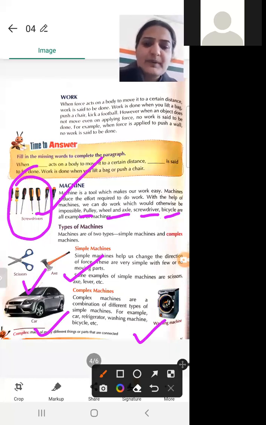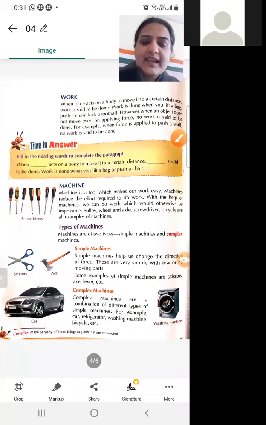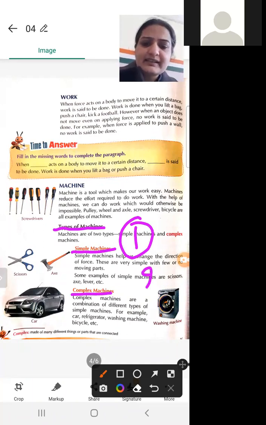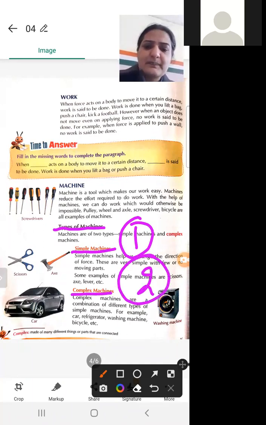And next topic is types of machine. And what are the types of machine? It has two types. First is simple machine. Second is complex machine.